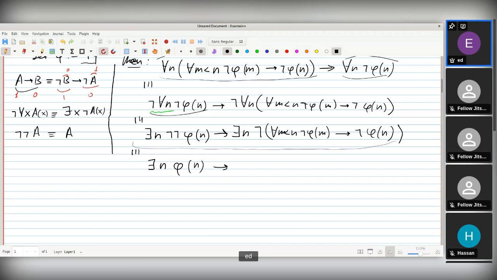But here I have a negated implication. Please tell me, when an implication is false, when it is not the case that A implies B. When A doesn't imply B, according to the truth table.